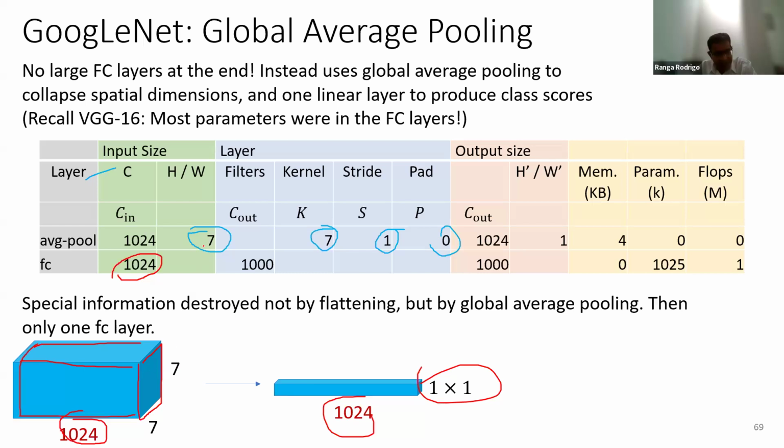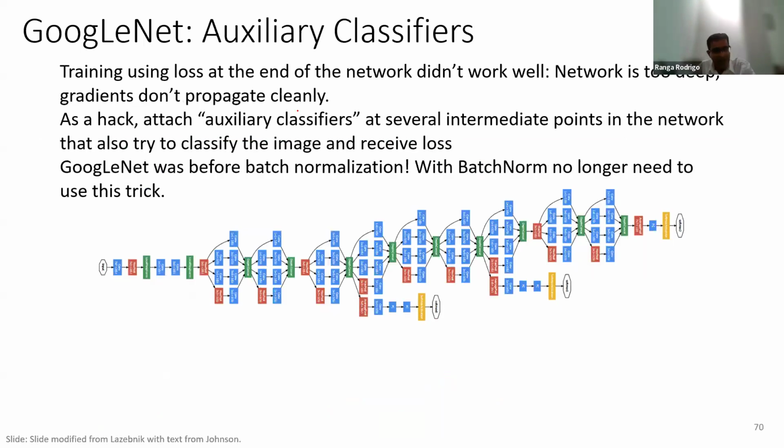I'm sorry, it's not a convolution, it's global average pooling. What that means is you take one slice here and then get the average of that and put it there. After that, you have to map it to 1,000 numbers, because there are 1,000 classes. So that's what global average pooling means. Global means spatially global.